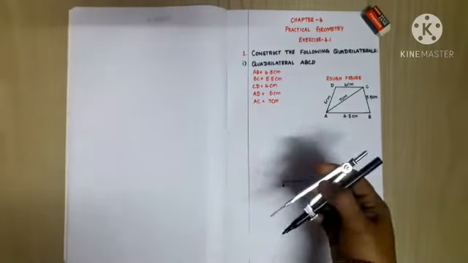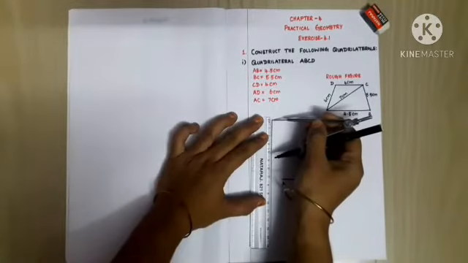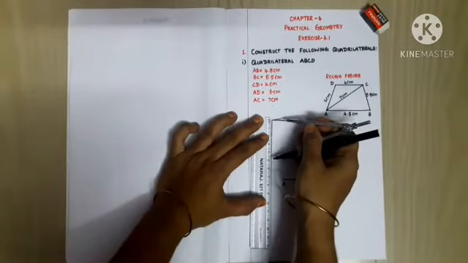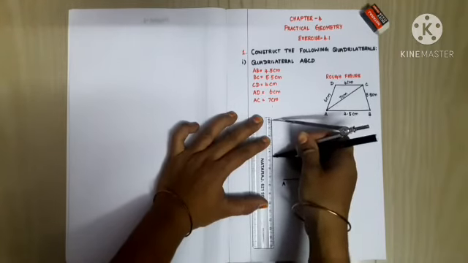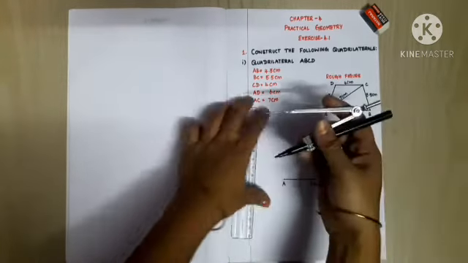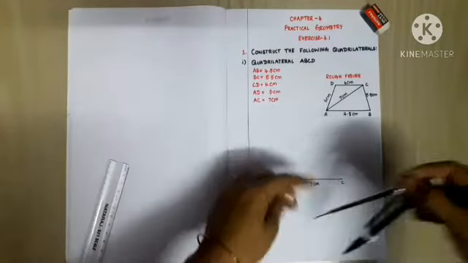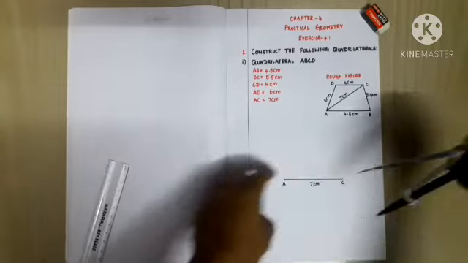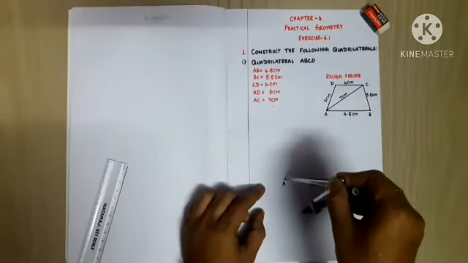I take the ruler and the compass. Fix the needle at 0, extend the pencil tip till 4.5 centimeter. Now I am having the measurement 4.5 centimeter in the compass. B is at the bottom, so I fix the needle at A and draw one arc.